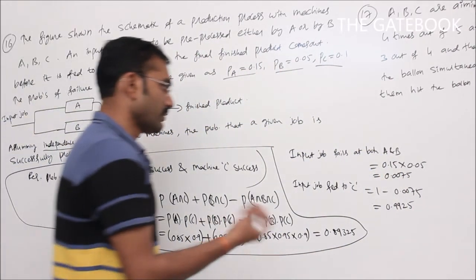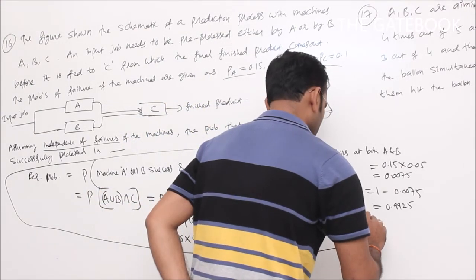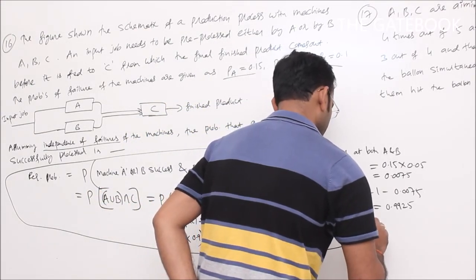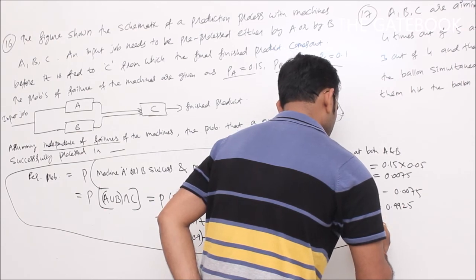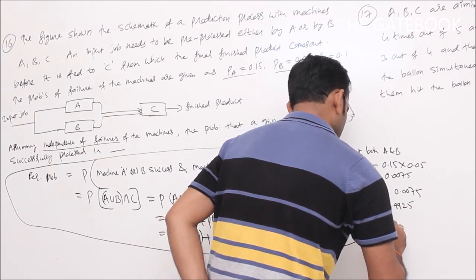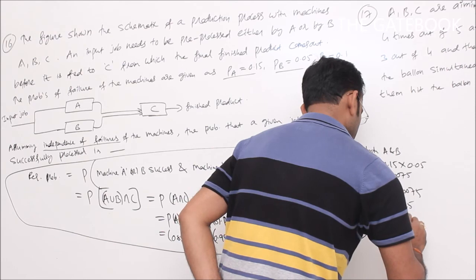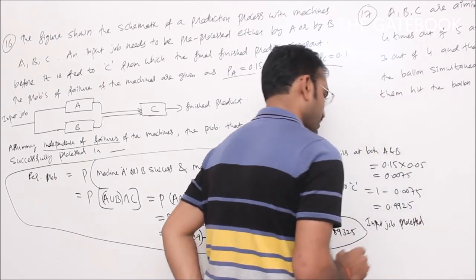So now, what is the success at C here? The input job processed by C is the required probability.